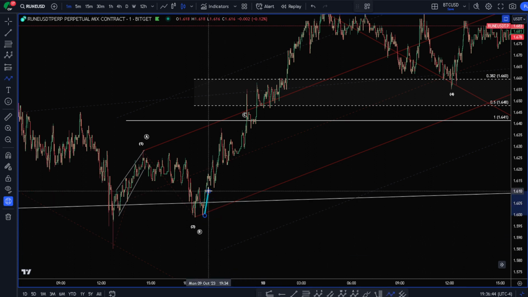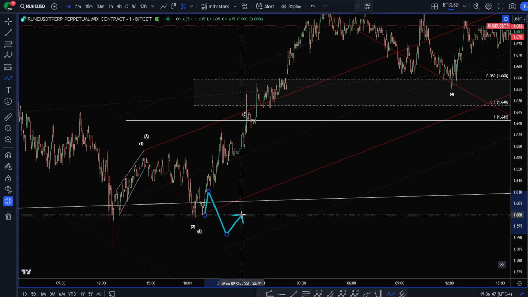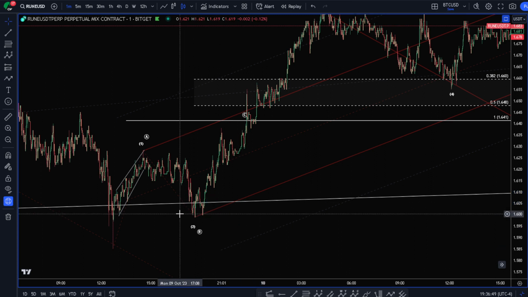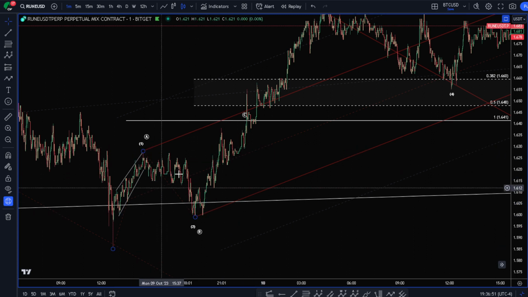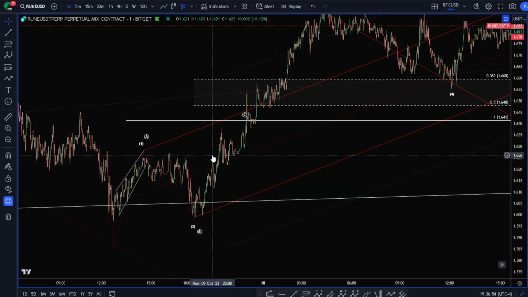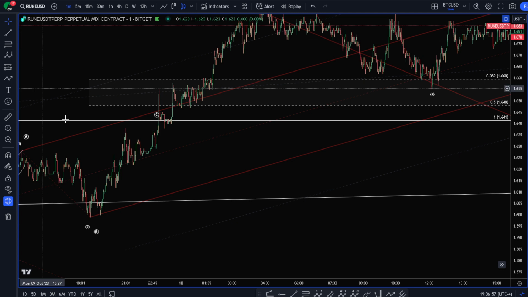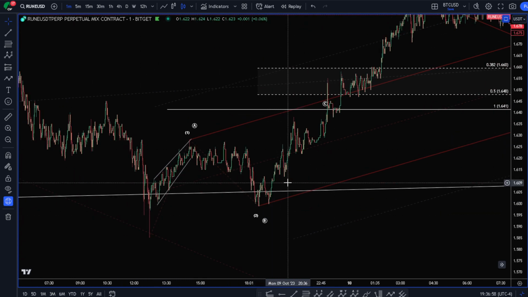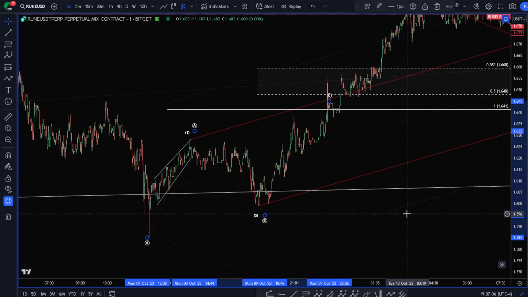If we don't overlap, we could come down for 5, and this could not be done yet. So I waited. Then I saw this, and I was like, okay, now it has to be a 3-wave correction. Looks pretty impulsive. It didn't take much time to get there. So I'm going to take this pullback and at least expect to hit the 1-to-1 extension there as an ABC. So that was my mindset.